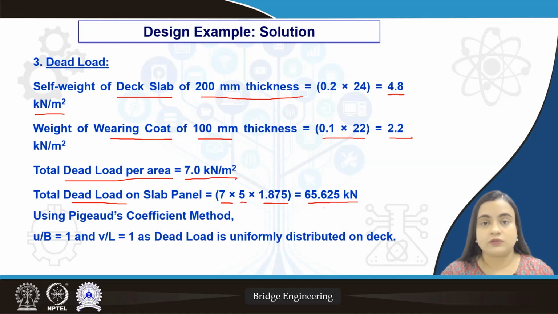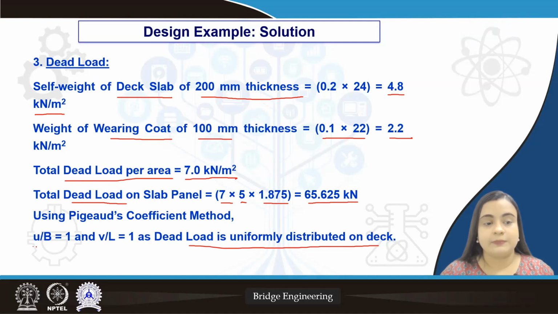Next, for dead load bending moment calculation, we are going to use Pigeaud's coefficient method that we had discussed in module 2. Using Pigeaud's coefficient method for dead load, since it is uniformly distributed on the deck, the dispersion of the dead load along the short span direction and long span direction will be throughout.